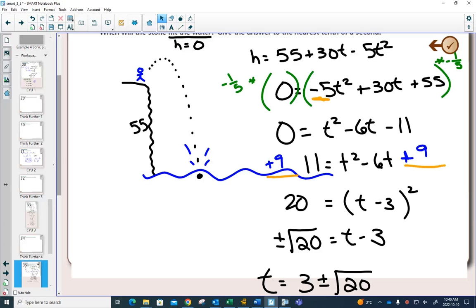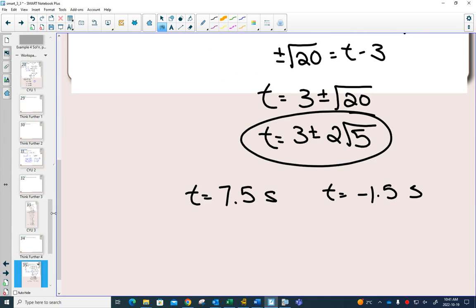Answer number 2 says a second and a half before you threw it, it hit the water. Can you see that the second answer, even though mathematically it works, in the context makes no sense. You can't have something hit the water before you throw it. So we need to go down to here and put an X through this one.